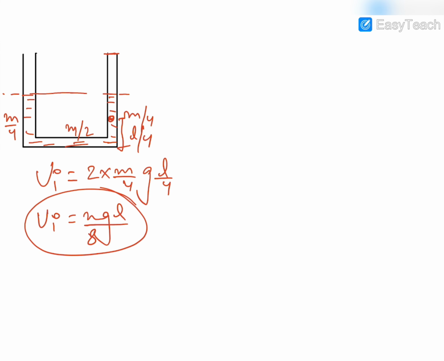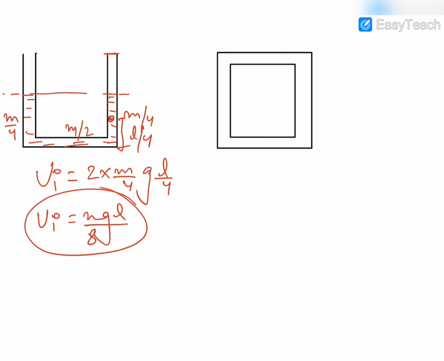Now when we will expel this complete liquid out of the tube, then obviously we can see that we would be pushing this liquid. Now let us suppose that there are dm small masses present in the liquid, and if we integrate all the dm, then it would make m.